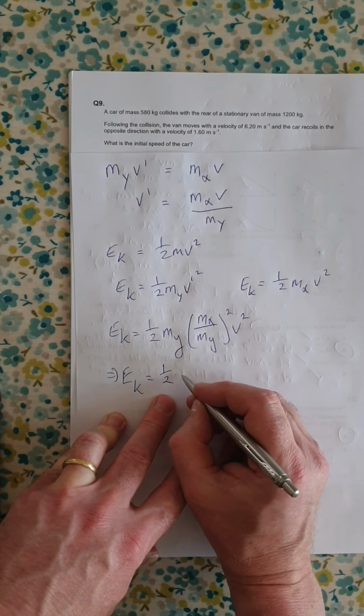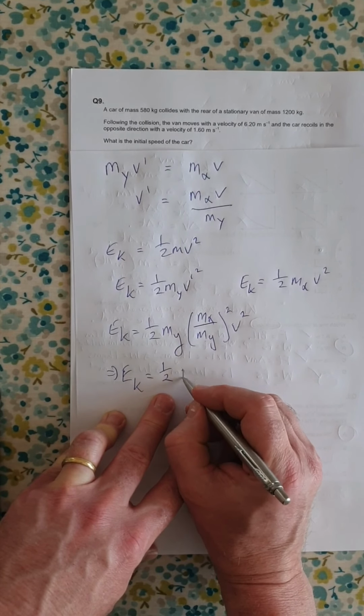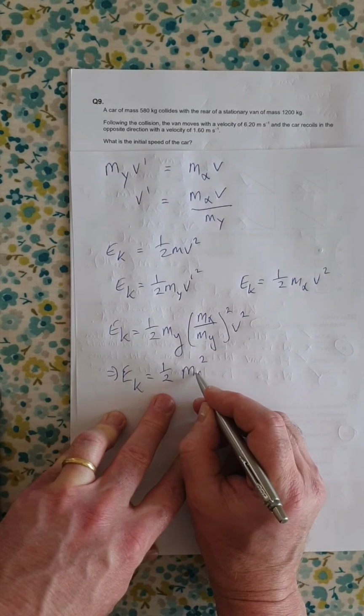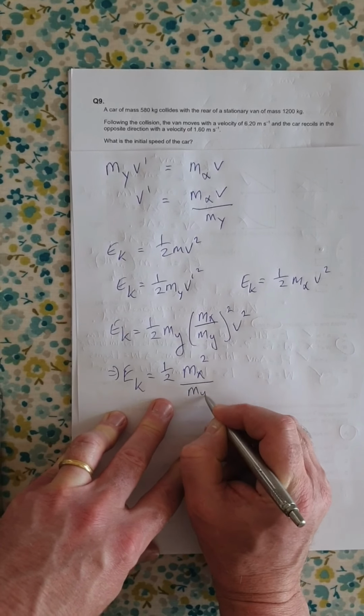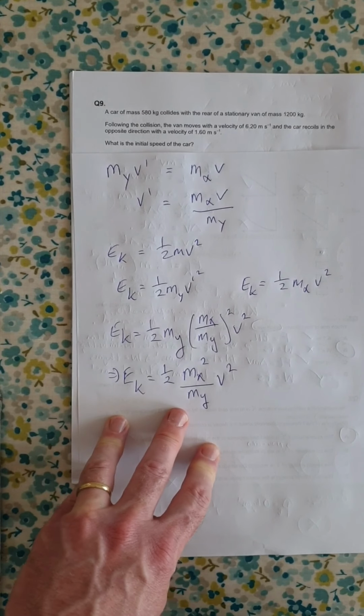I've got the square at the bottom, so we're going to have the alpha particle's mass squared divided by the mass of the Y nucleus times the velocity squared.